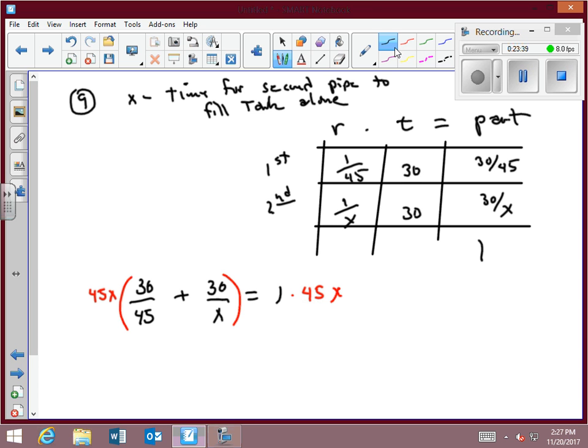When I multiply 45x times 30/45, the 45's go out and I got 30x, right? 45x times 30/x, the x's go out and I have 45 times 30 equals 45x.